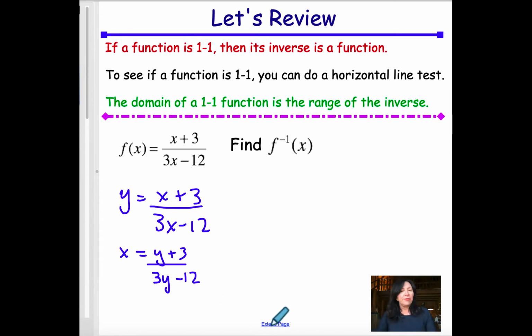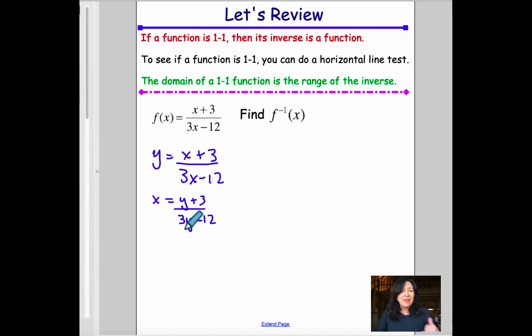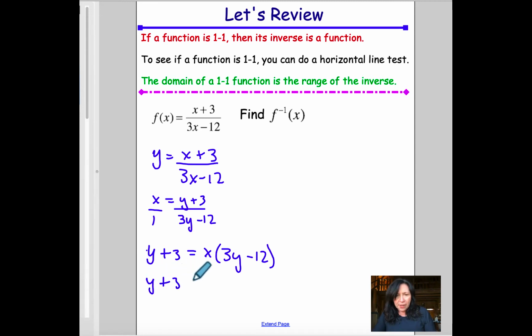Now we've switched our x's and y's, and we have to solve for y. We're going to cross multiply first. On the left, we get y plus 3 times 1, which is y plus 3. On the right, x times 3y minus 12. Distributing the x, we get y plus 3 is equal to 3xy minus 12x.